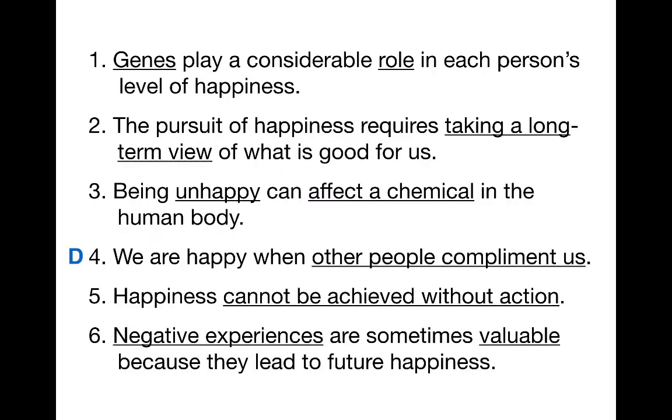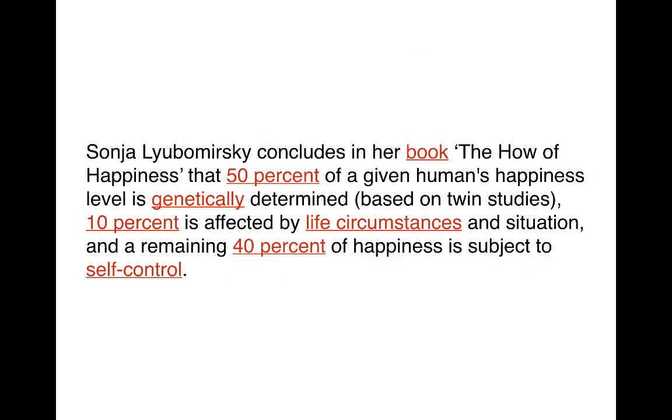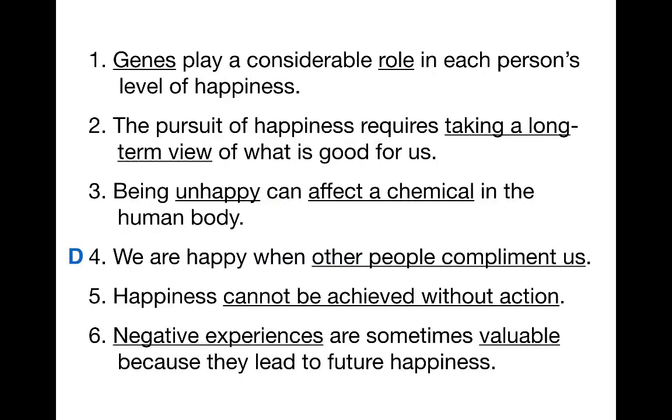If we look at the question statements, we know that we don't need to worry about number 4. Number 1, genes play a considerable role. Well, if we just go back a moment to what she said, 50% of happiness is genetically determined. Genes play a considerable role. That seems to already be the answer. Let's just quickly check the others.